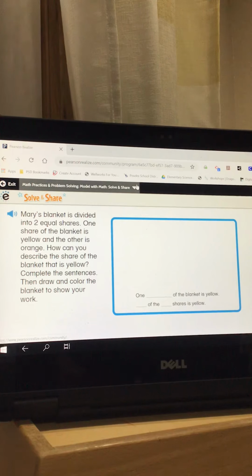Okay, so first, I know I'm going to draw my blanket first, okay? I know that's not the same order that it's asking for, but first I'm going to draw my blanket because I want to make sure that I'm breaking my blanket up the right way.